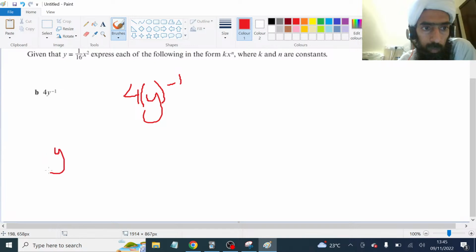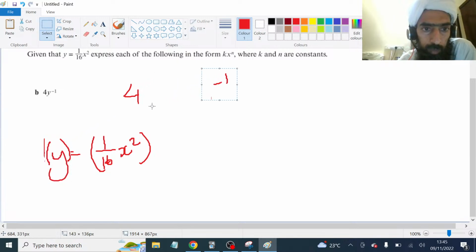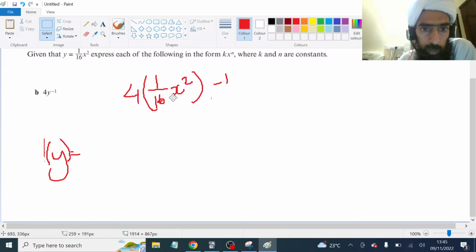I also know that y is equal to 1 over 16x squared. Put brackets around this and brackets around this. So here, this y bracket is the same as this, which means that I can do the same thing as before. Just put that in.